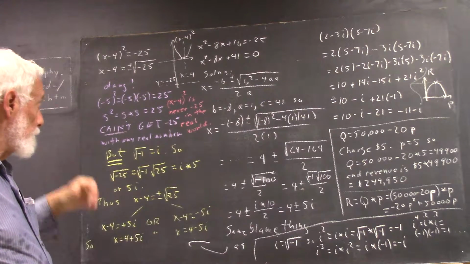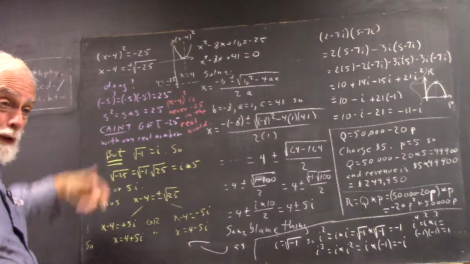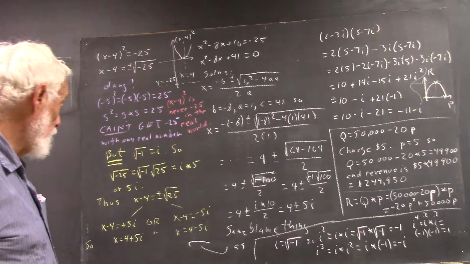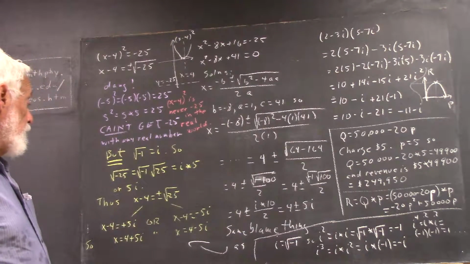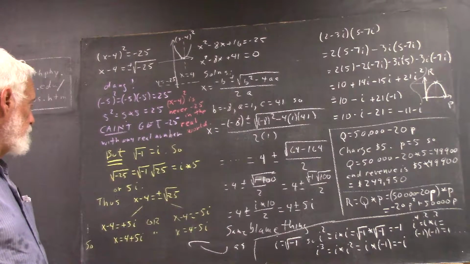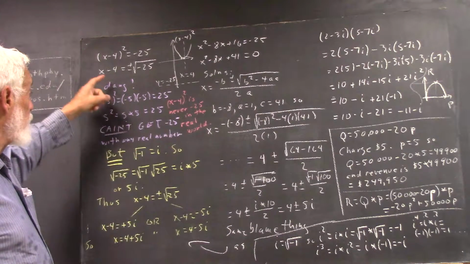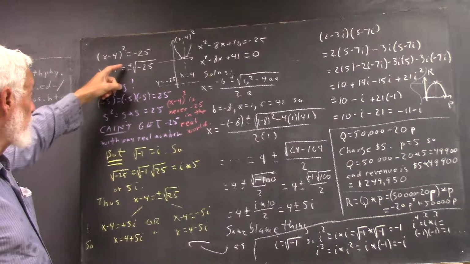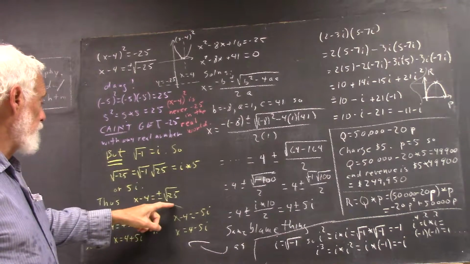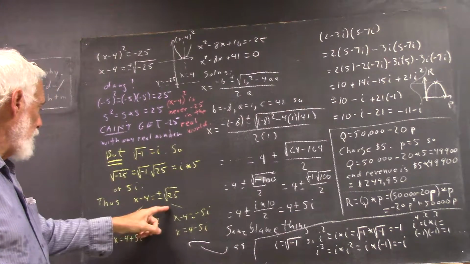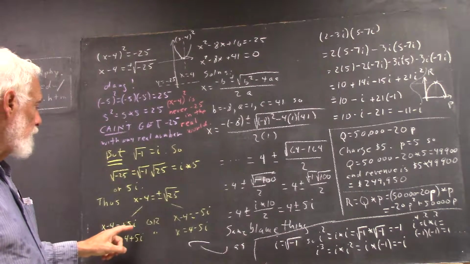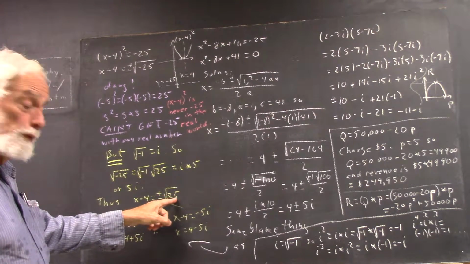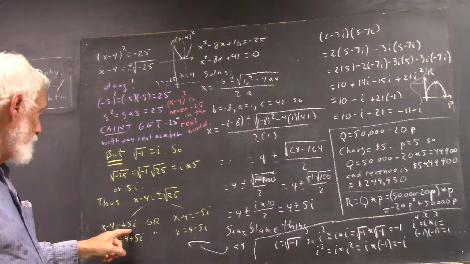In any case, we use it with quadratic equations, as we're going to see how they arise. Again, you're probably already aware of that. Okay, so our equation becomes x − 4 is plus or minus the square root of negative 25, and that becomes x − 4 equals plus or minus 5i, since the square root of negative 25 is 5i.